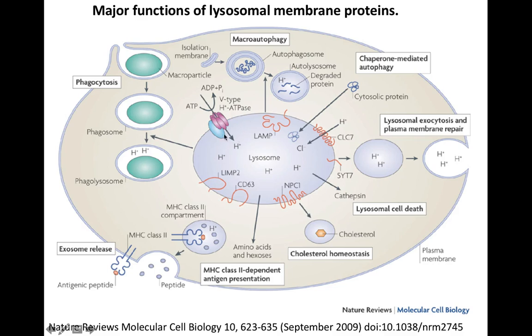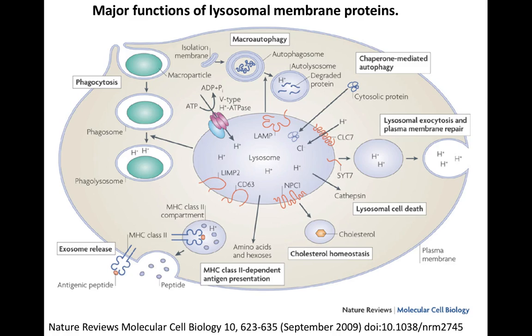So these are different functions performed by different lysosomal membrane proteins. CD63 are glycoproteins, which are known to complex with integrins, and these proteins mediate signal transduction events that play a role in the regulation of cell development, activation, growth, and motility. So they perform different types of other functions.